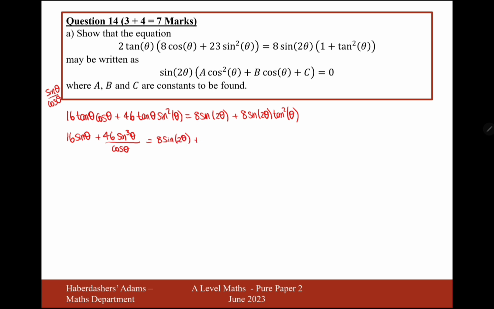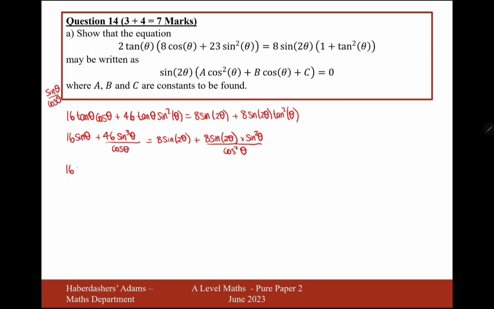And then plus, I will expand the tan squared, so it's going to become 8 sine 2 theta times sine squared theta over cos squared theta. Right, okay, let's get rid of all these fractions and multiply everything by cos squared.